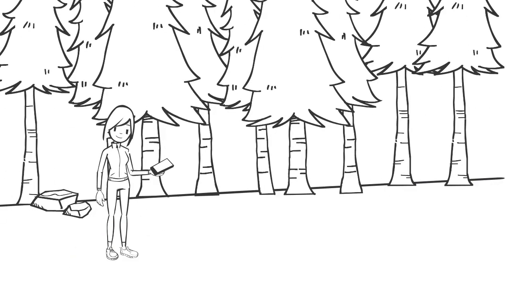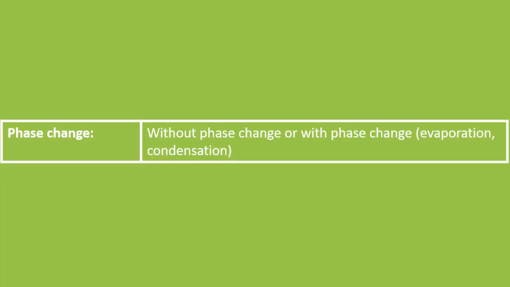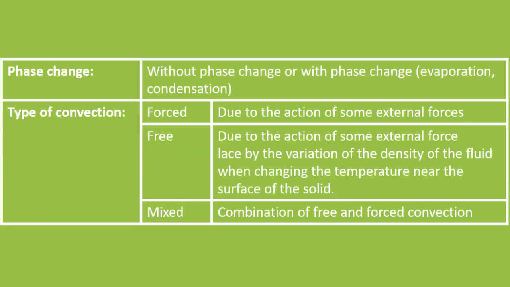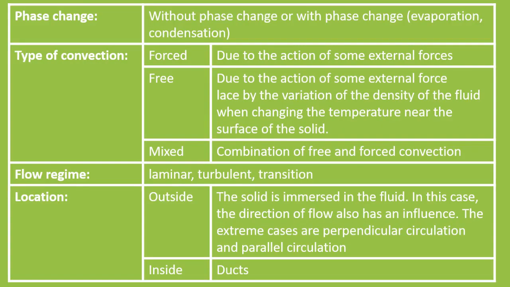To calculate the convection coefficient or the Nusselt number, we have an extensive map of formulas. Depending on whether there is a phase change or not, whether the convection is forced, free, or mixed, whether the flow regime is laminar, turbulent, or transitional, whether the flow is external or internal.